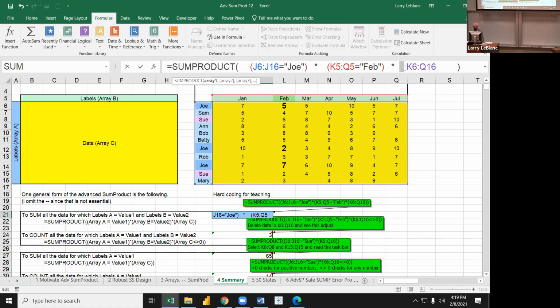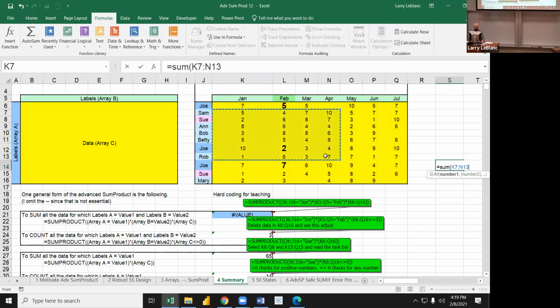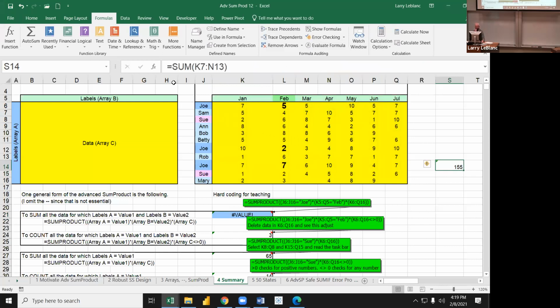That's a separate point. If I wanted to do the summation of this range, let me make a point to you in case it's not clear. Equals the sum, just a hypothetical formula. That's the way we would normally write it. You could do this, minus, minus, it's not needed. It's absolutely not needed when you're only talking about numbers. It's only needed most of the time when you're talking about numerical comparisons.